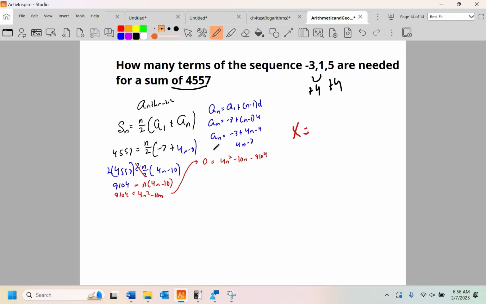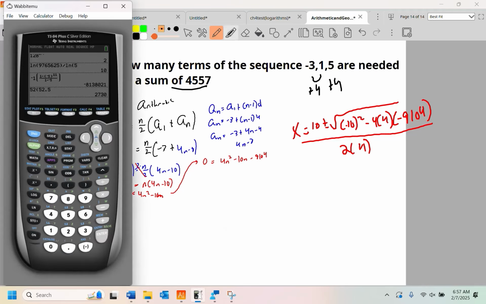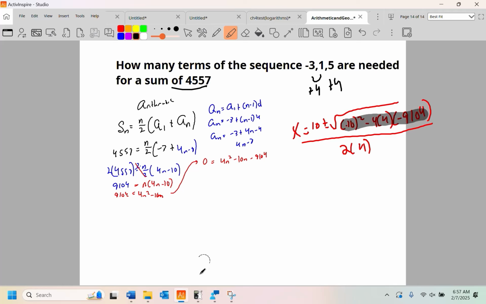So x equals negative b plus or minus the square root of b squared minus 4ac, all over 2a. All right, so you were trained to do this first.